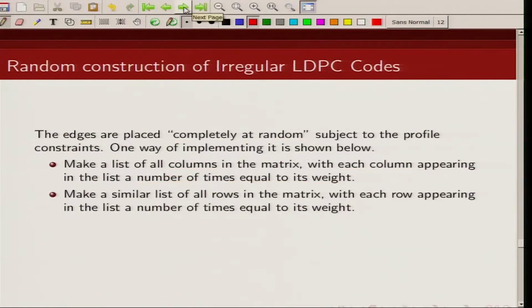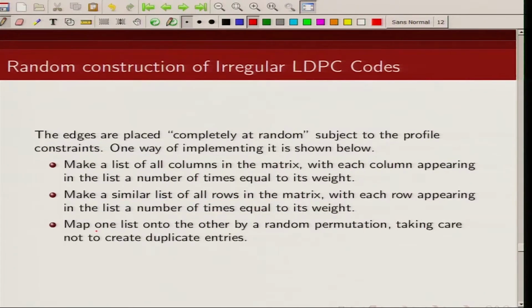Similarly, you make a list of all rows in the matrix such that each row is repeated equal to its weight, and then you map one list, the list of columns, into the other list, the list of rows, by random permutation, making sure that there is no duplication. So, you just create a link from the list of columns to the list of rows, and this way you can construct an irregular LDPC code which will satisfy the degree distribution profile.